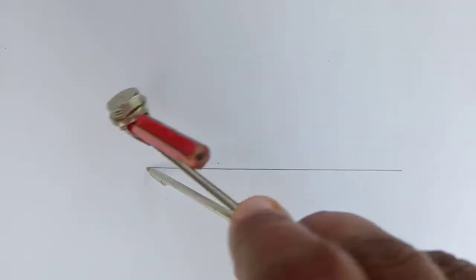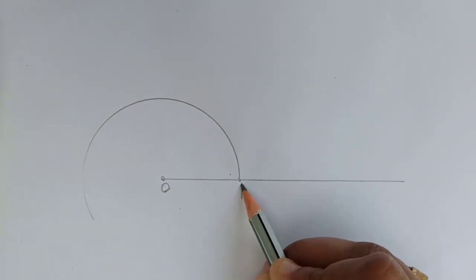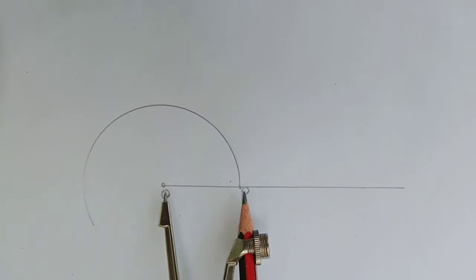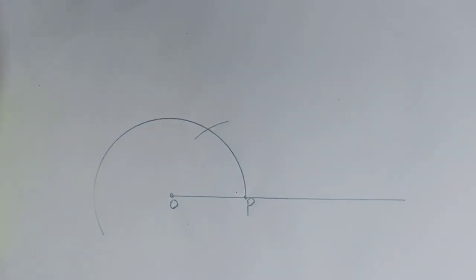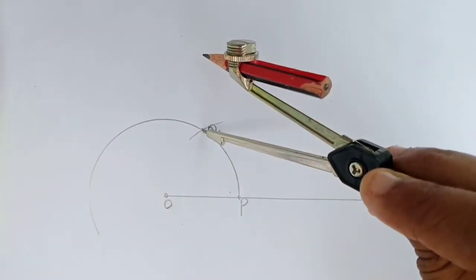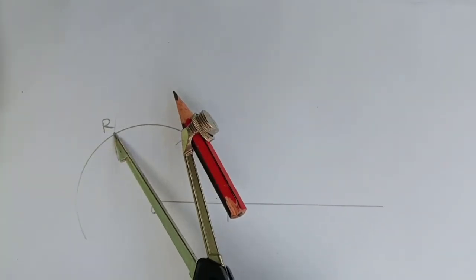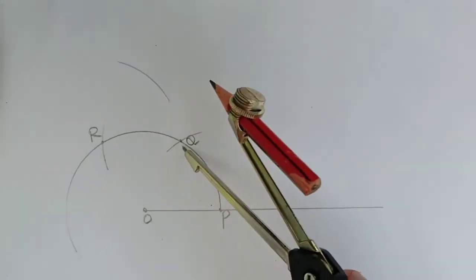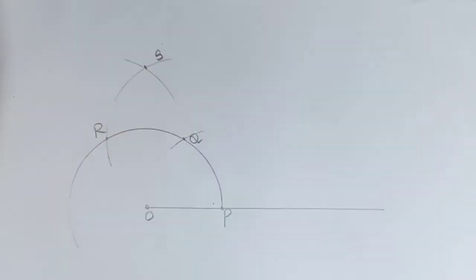Taking a convenient radius in your compass, fix at one point of the line segment which you have drawn, draw an arc and label the points O and P. Taking OP as radius, fix the compass at P, draw an arc, label it as Q, and by using the same radius, fix the compass at Q, draw one more arc and label the intersection of the two arcs as R. Fix the compass at R, draw an arc, and again by using the same radius, fix the compass at Q and cut the previous arc. Label the point of intersection of the two arcs as S.